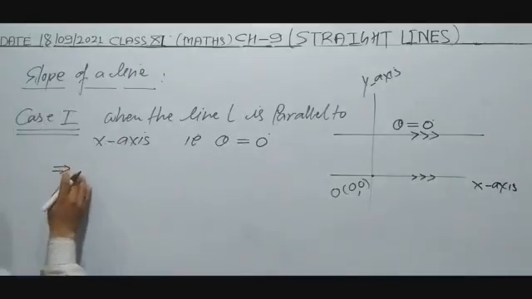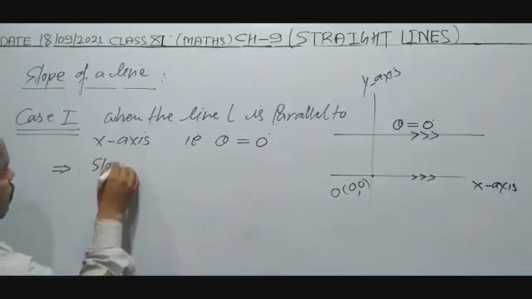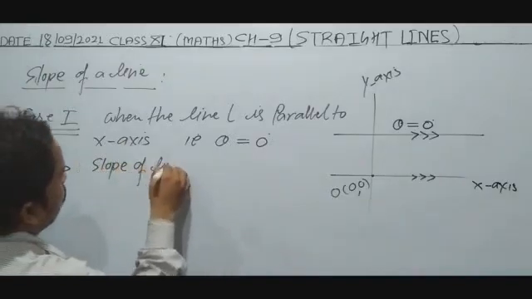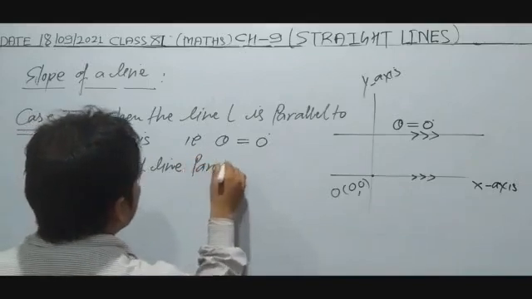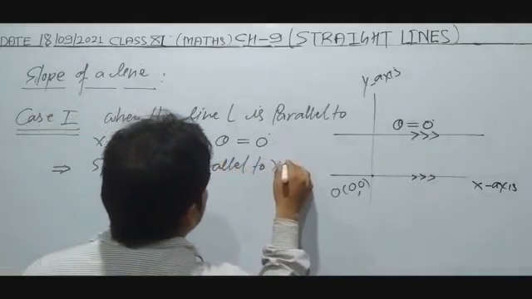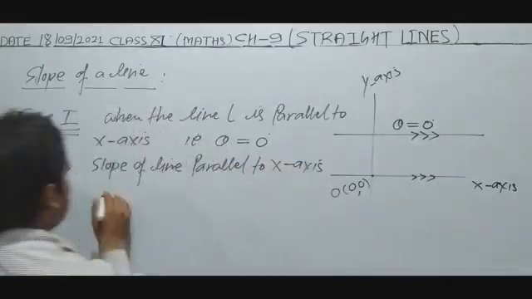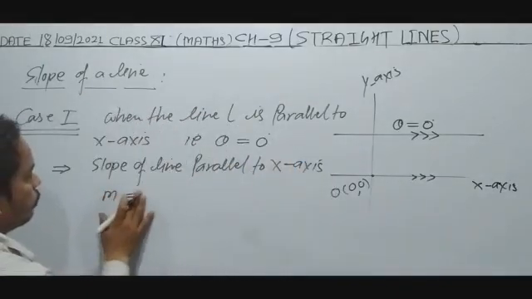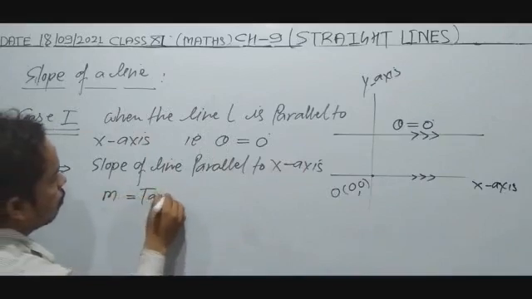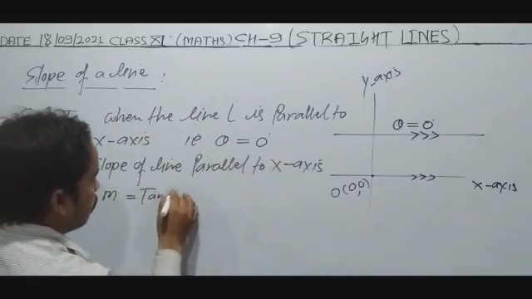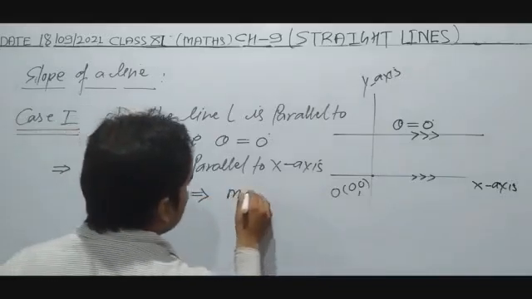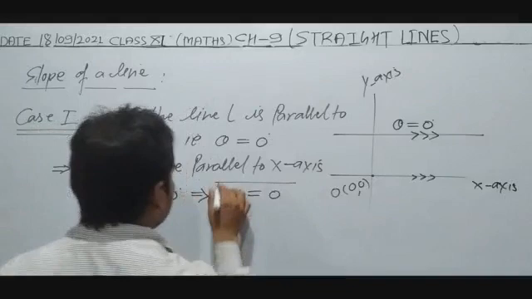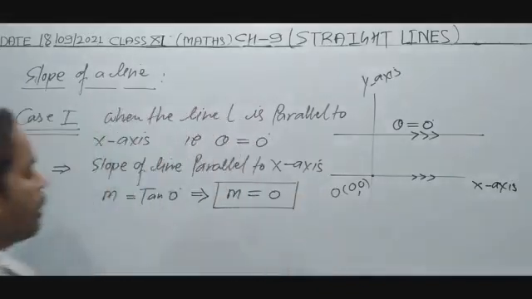This implies the slope of a line parallel to x-axis, that is m is equal to tan theta, means tan of 0 degree, and the result is 0. So this is the condition for lines parallel to x-axis: the slope will be equal to 0.